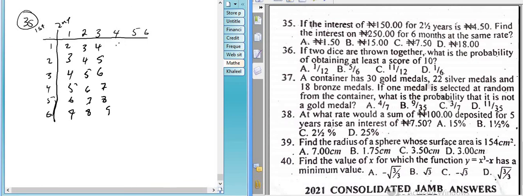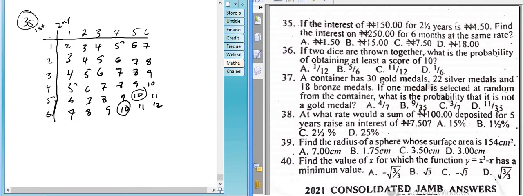Then 2 plus 1 is 3, keep increasing up to 8. For 3 plus 1, that's 4, up to 9. For 4 plus 1, that's 5, up to 10. For 5 plus 1, 6, up to 11. For the last one, 6 plus 1 is 7, up to 12.